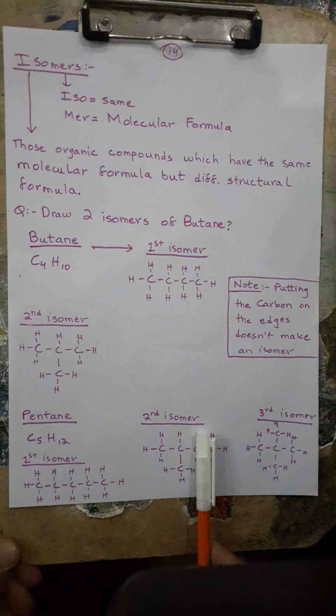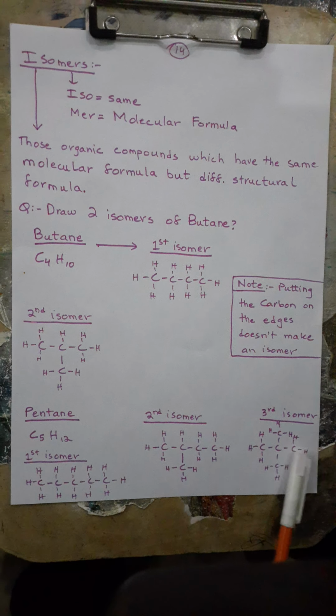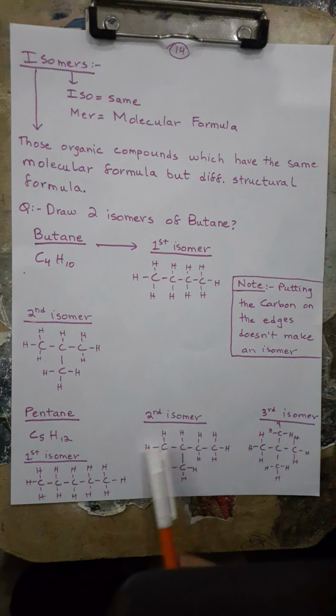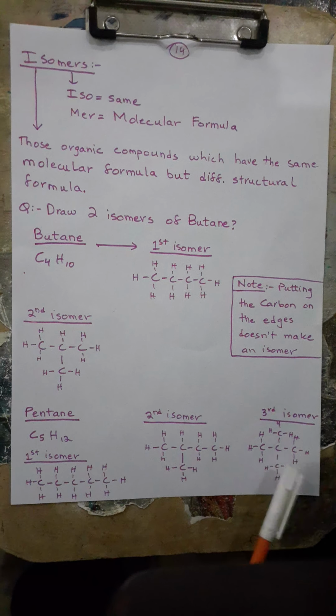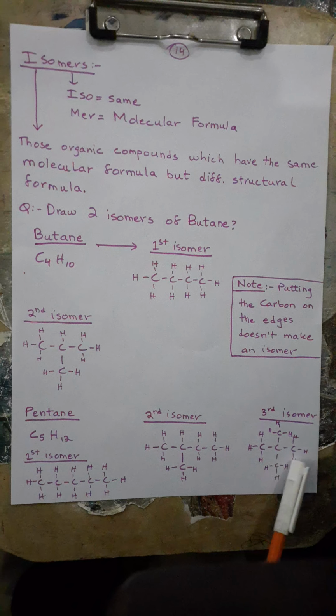And now how will we make the third isomer? We will make the third isomer from this isomer. So how are we going to make it? We will take another carbon at the corner or at the edge, like this one or this one, and attach it to a carbon which is not at the edge.